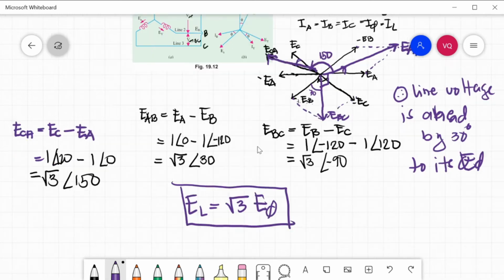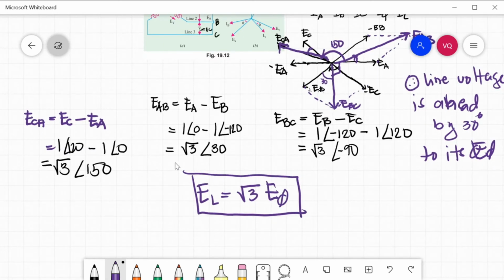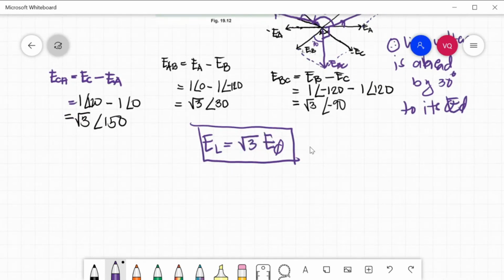And also, the important formula is the line voltage is equal to the square root of 3 multiplied by its phase voltage. So for the power, we have square root of 3 multiplied by line voltage times line current cosine theta, or your power factor.